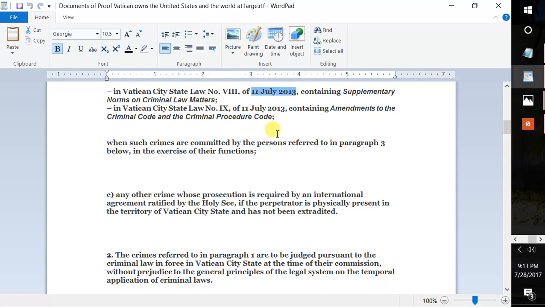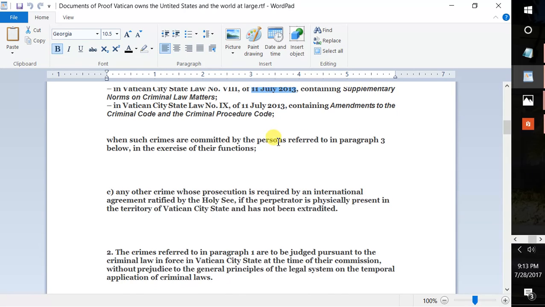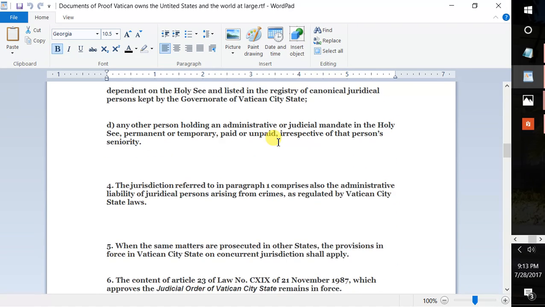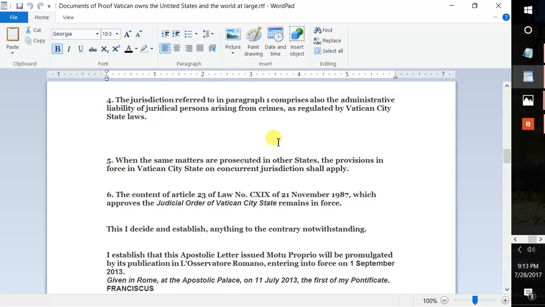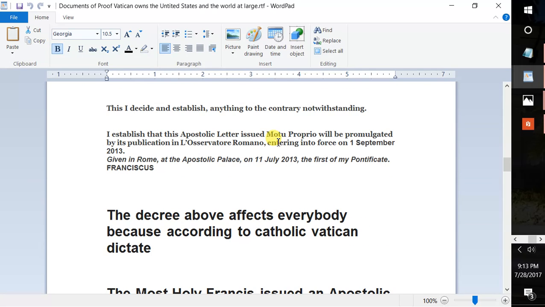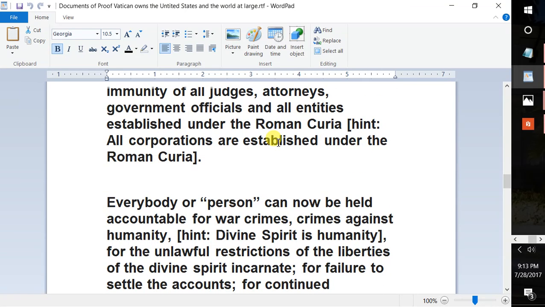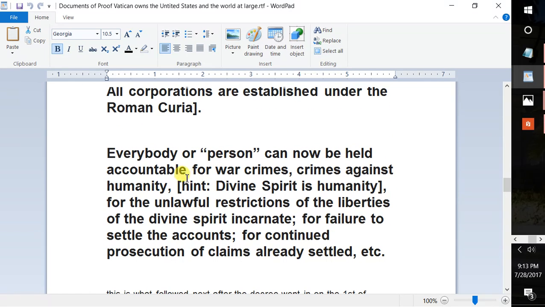Now, this is what the law did, right? The law said that any person can now be held accountable for war crimes, crimes against humanity.